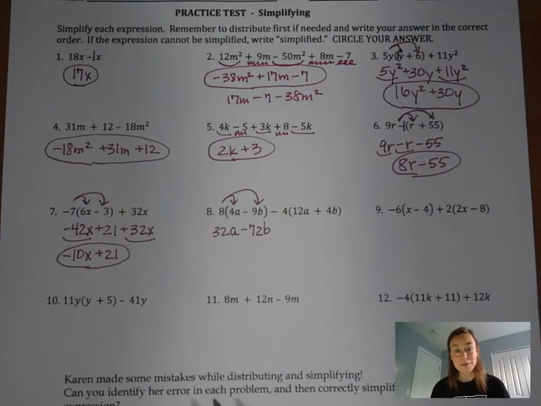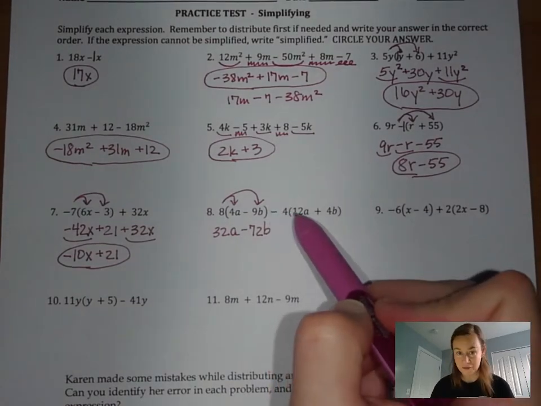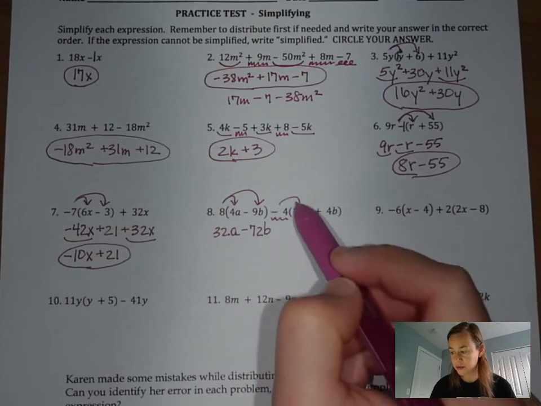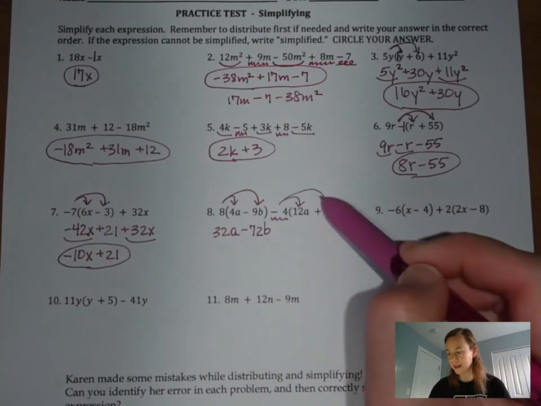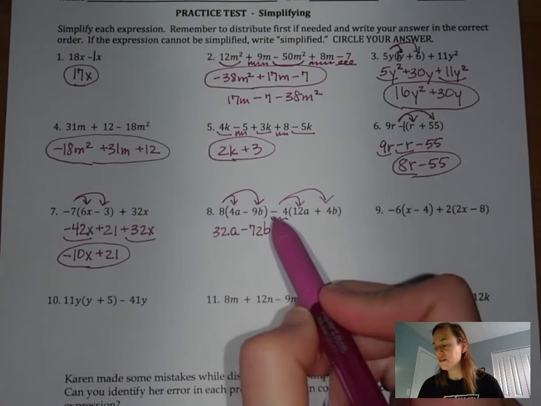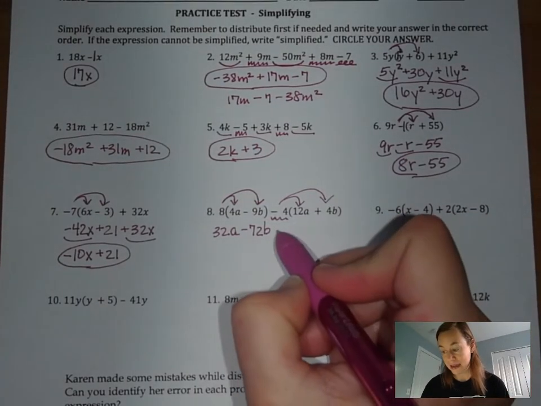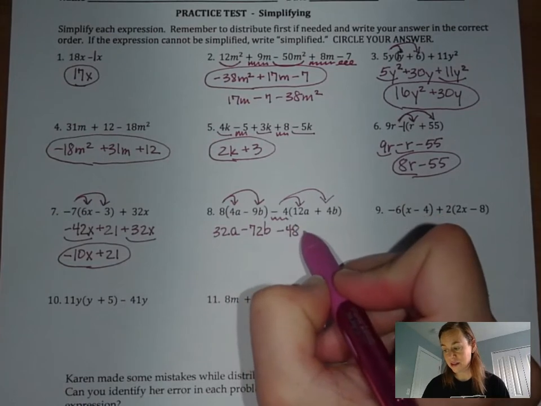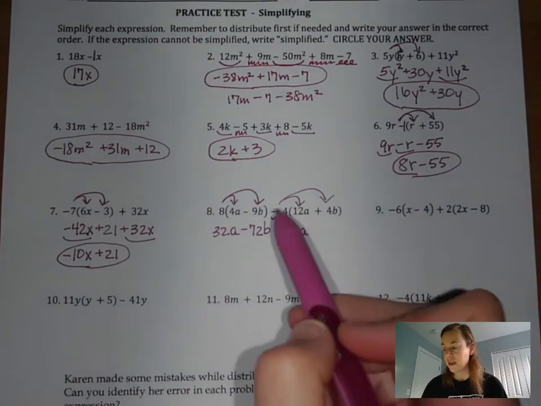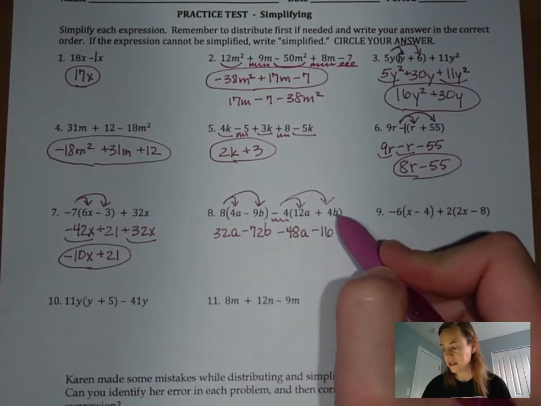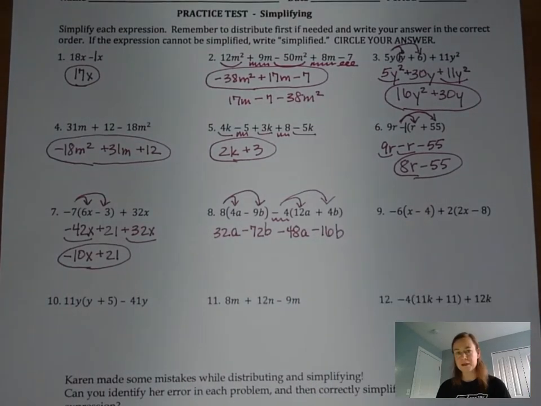Okay, now on this next part, be careful because we have a -4 that has to be distributed. -4 goes to 12a and it goes to 4b. So -4 times 12a is going to give us -48 and then just the a. And -4 times +4 is -16 and then just the b, like that.